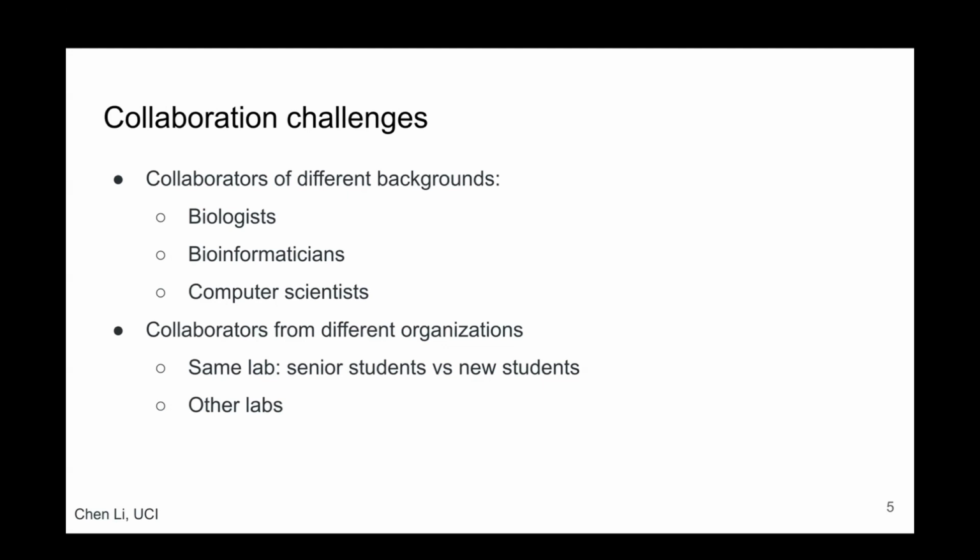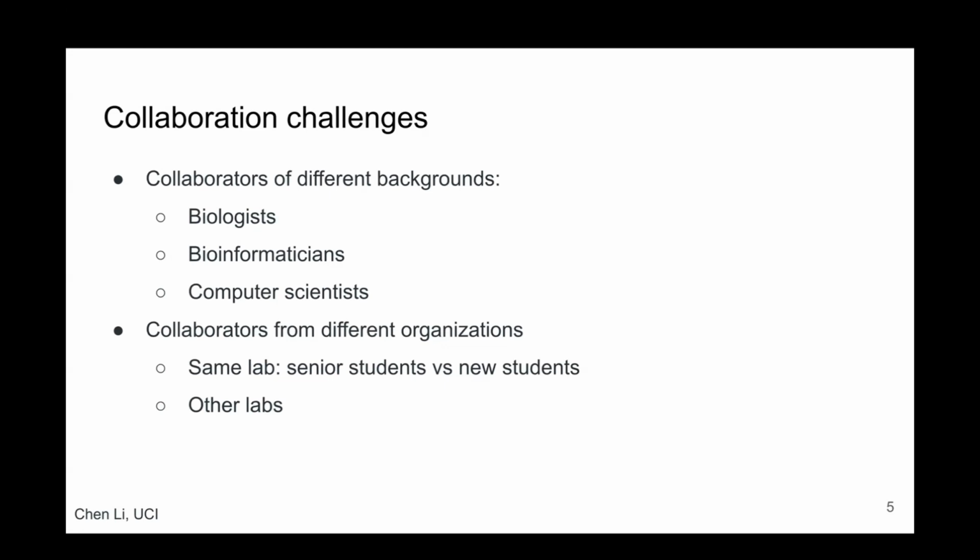Even for collaboration between different organizations, they also face some other barriers. Even within one lab, we often face a situation where some senior students write some code and put the code on GitHub, and later the student has graduated, or even has not graduated, a new student comes in.